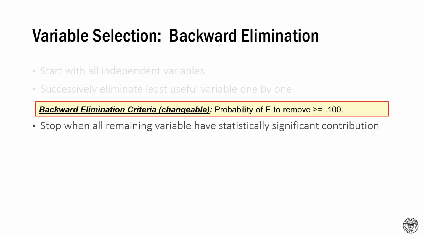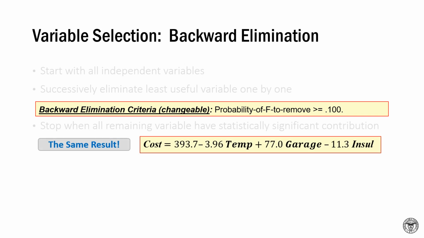The backward elimination approach starts with the full model, which includes all independent variables, and then removes the variable with the highest p-value, or lowest t statistic, or F statistic, one at a time, until all remaining variables are statistically significant. Once a variable has been removed from the model, it cannot re-enter at a subsequent step.